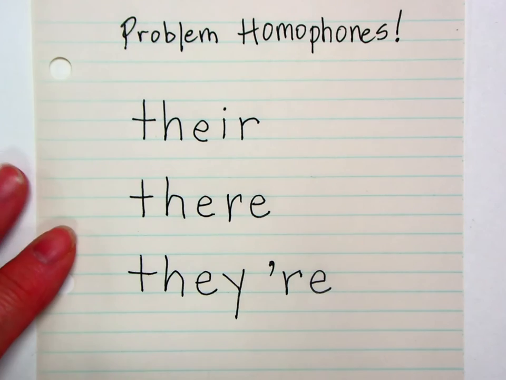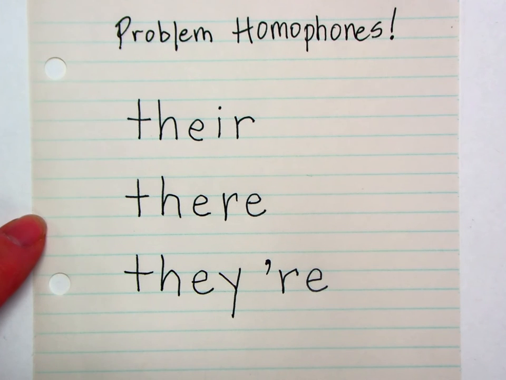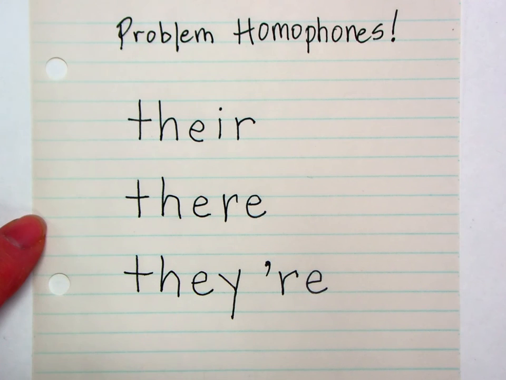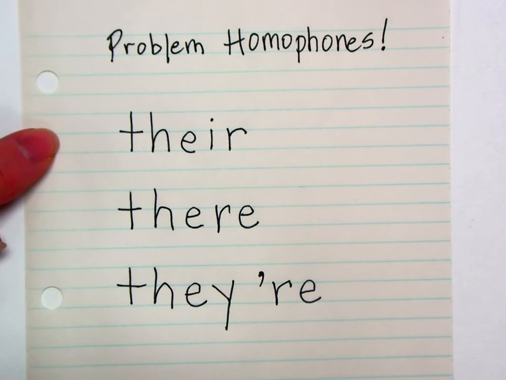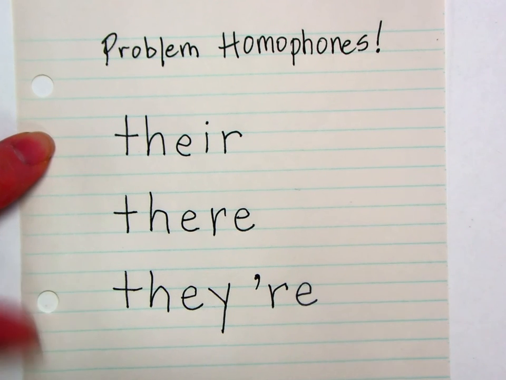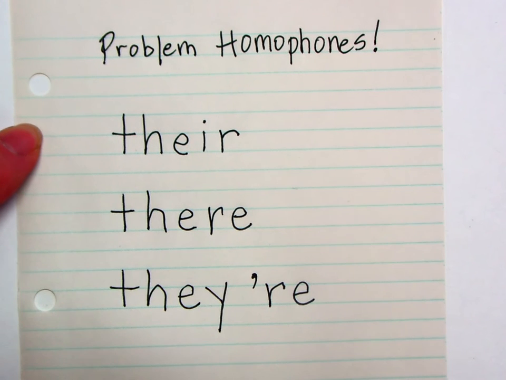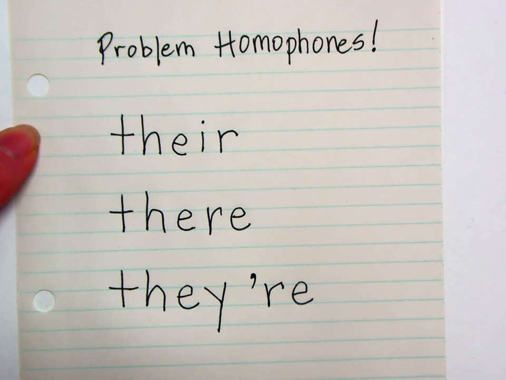All right, so these words are all pronounced there. And in order to know which one to put in your sentence, you have to know the difference between the meanings. Usually, we figure out the meaning of the word from the context in the sentence. So this first one, T-H-E-I-R, has to do with possession. If something belongs to some people, then it is theirs.